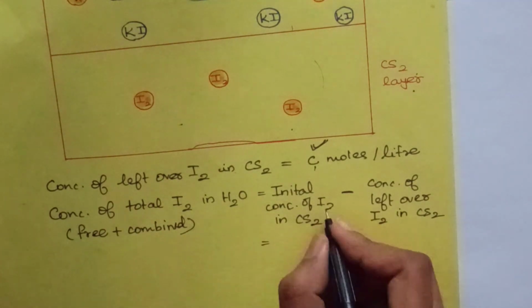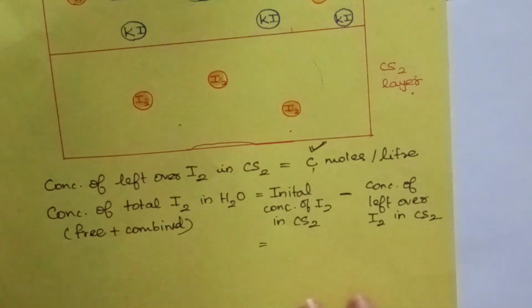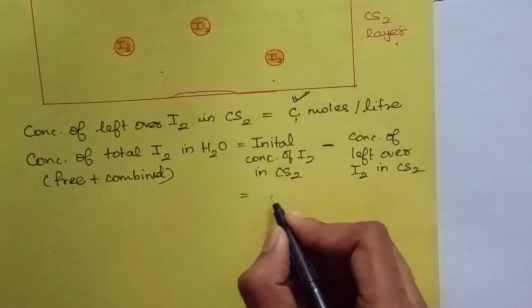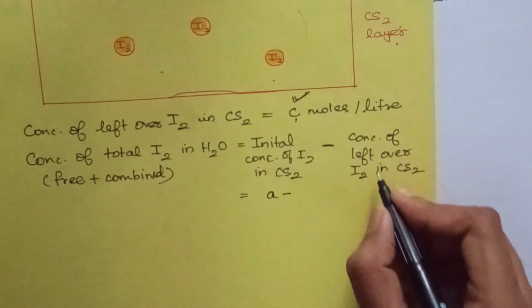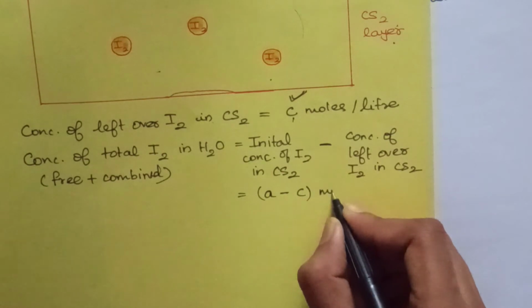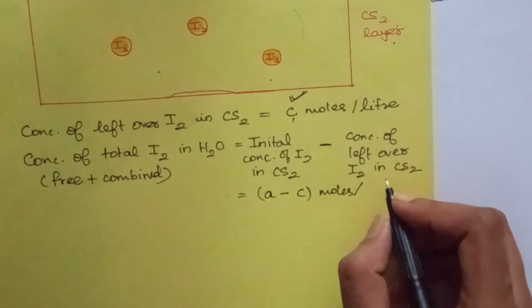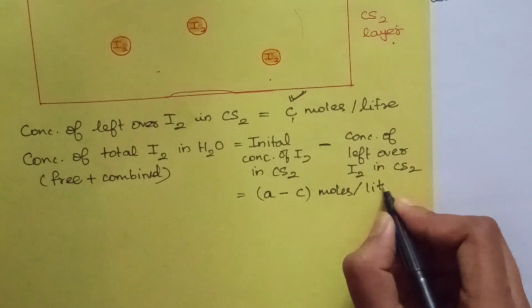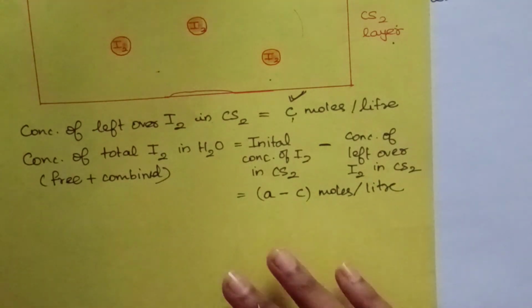So what is the initial concentration of iodine in carbon disulfide? It is A moles per liter. So just put here A minus the concentration of leftover iodine, C moles per liter. Okay, got it?